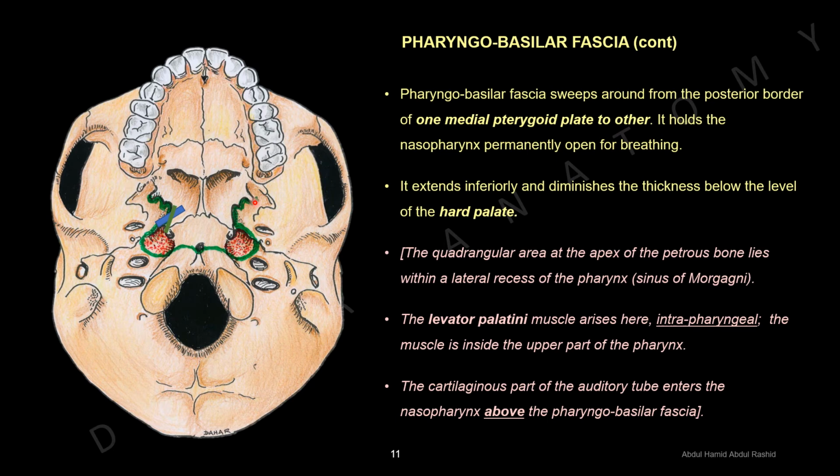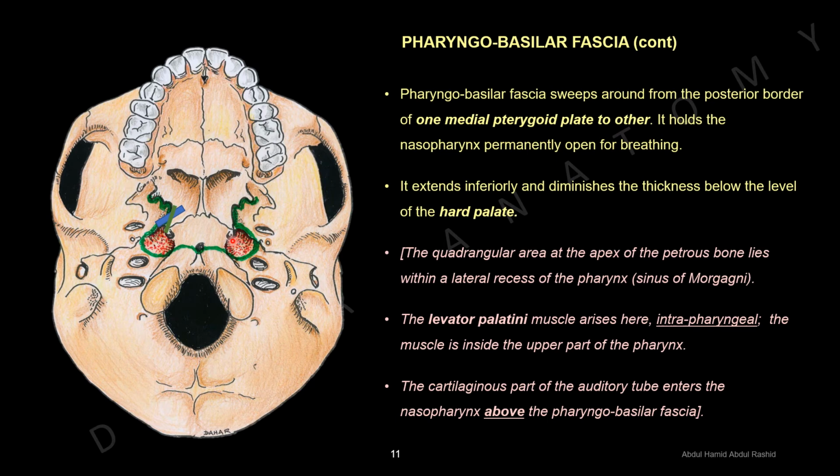It holds the nasopharynx permanently open in front for breathing. It extends inferiorly and diminishes in thickness below the level of the hard palate. That means the pharyngobasilar fascia is superiorly attached to the base of the skull. Inferiorly, it reaches up to the level of the hard palate where it fades away.